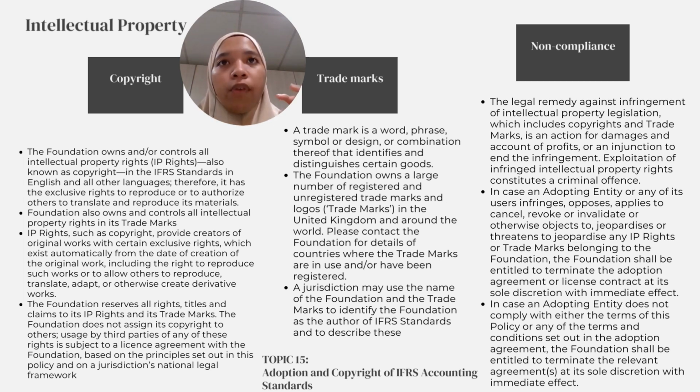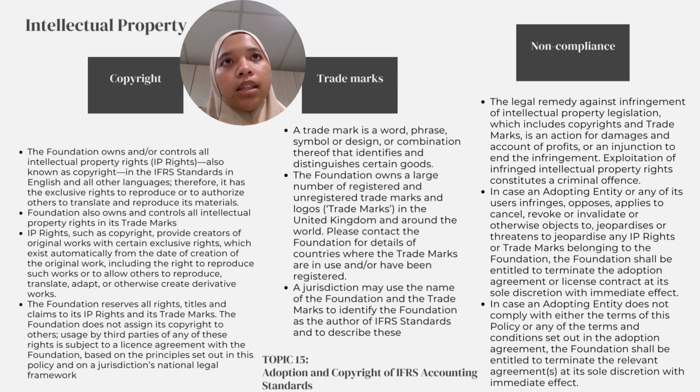You are advised to please contact the foundation for details of the countries where the trademarks are used and/or have been registered. A jurisdiction may use the name of the foundation and the trademarks to identify the foundation as the author of IFRS standards and to describe this.